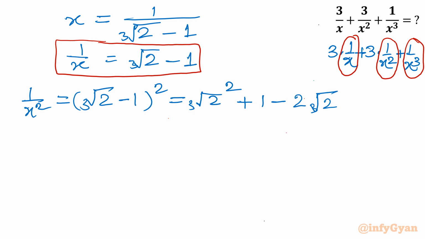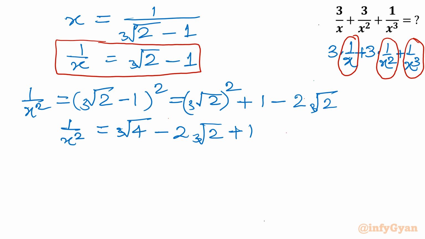Done. Using same property, I will swap the powers. So 1 over x square I will write cube root of 4 minus 2 times cube root of 2 plus 1. So this value is for 1 over x square.